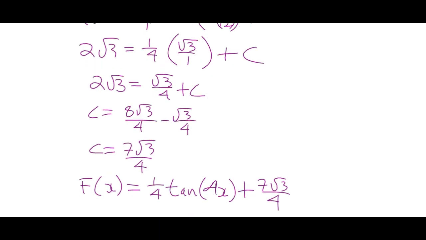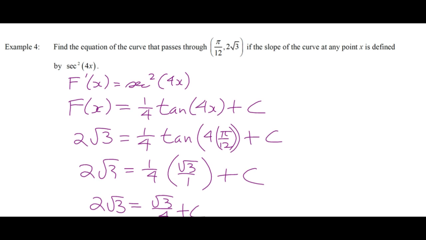Don't we have to determine the slope of the curve? It says find the equation of the curve that passes through the point if the slope is given. I don't think so. It just says get the equation. They gave us the slope.